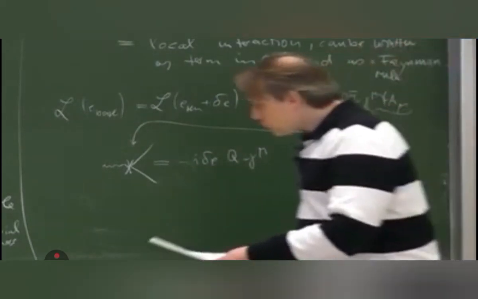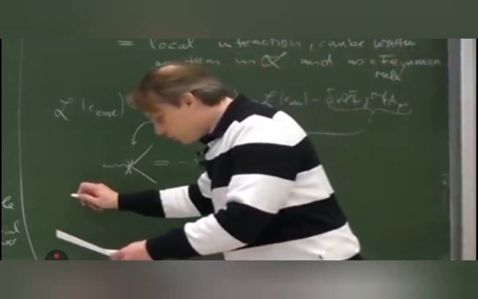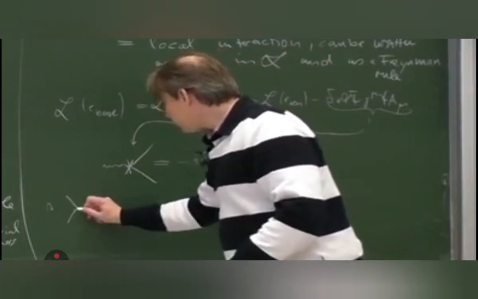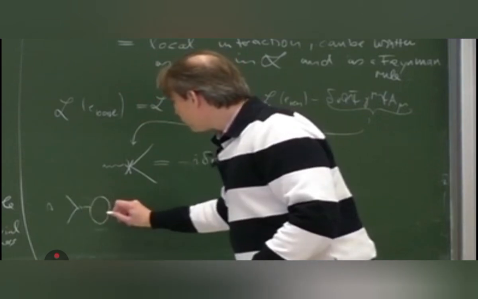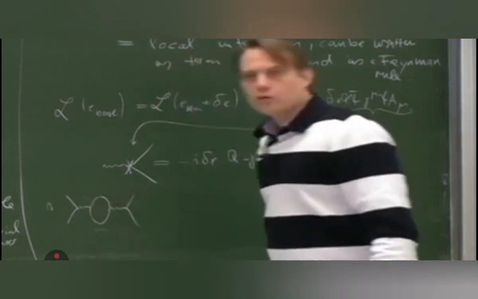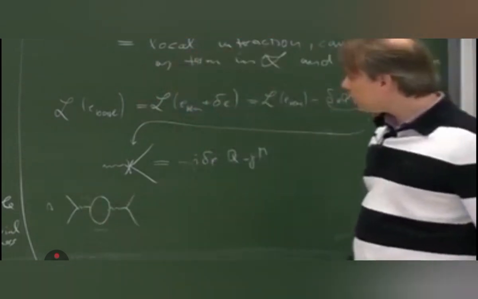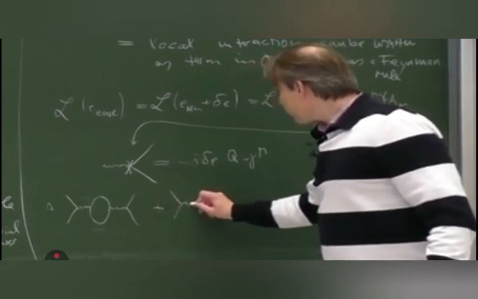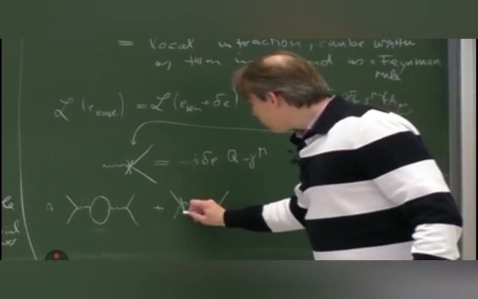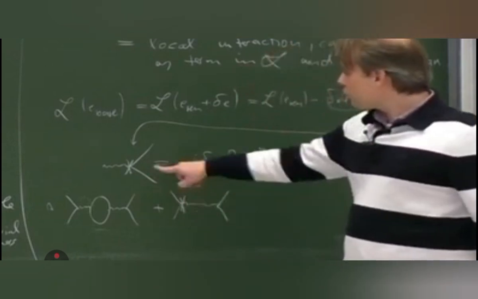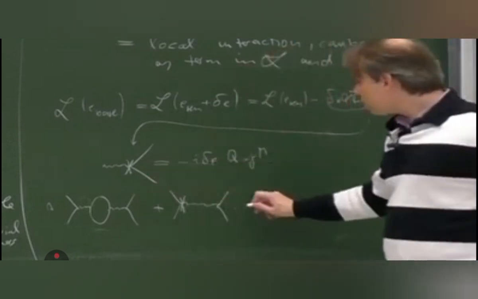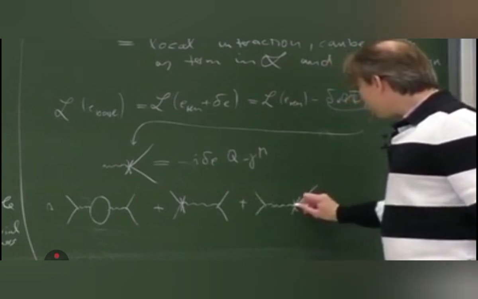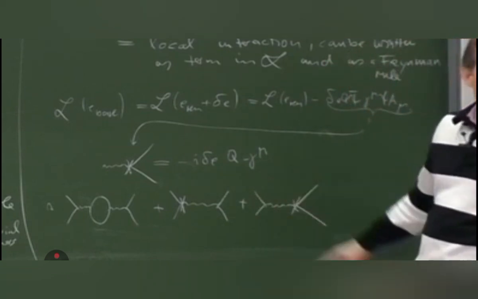Now what happens if I use that Feynman rule in the calculation of processes? Then I get this Feynman diagram that we have computed with the photon vacuum polarization. But I also get now this Feynman diagram here with the counter-term Feynman rule at one vertex, plus the other Feynman diagram where the counter term is at the other vertex.